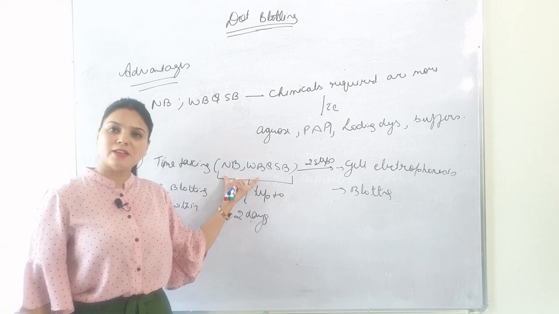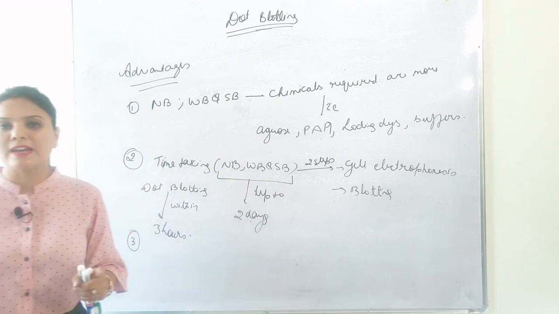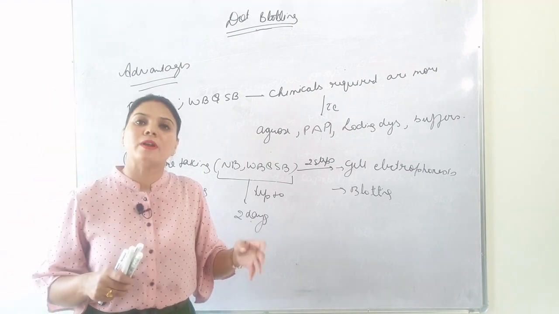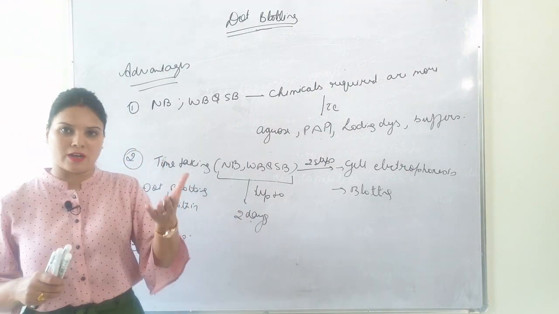Next, these three blotting techniques can only analyze a limited number of samples, whereas a large number of samples can be screened in dot blotting in one go.